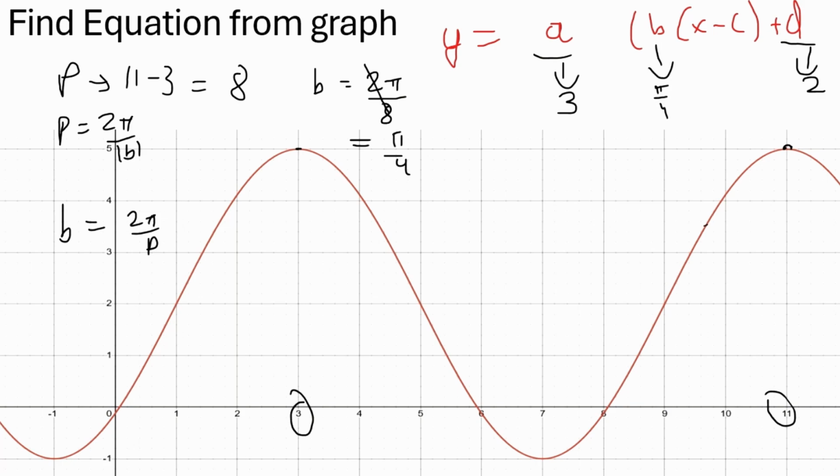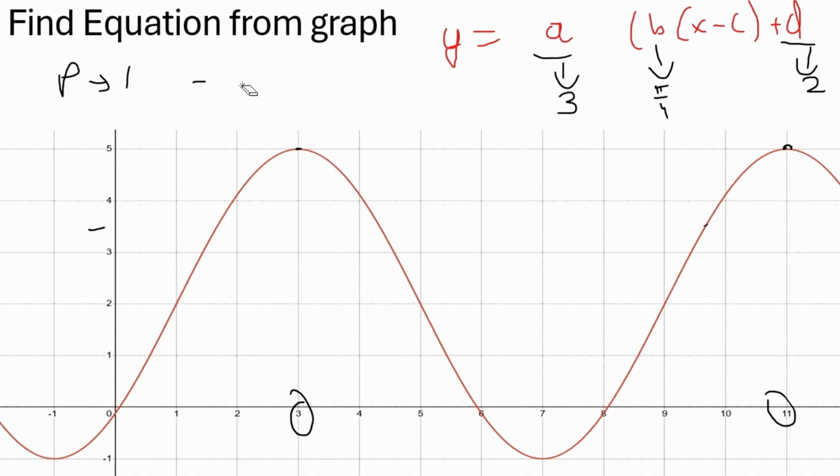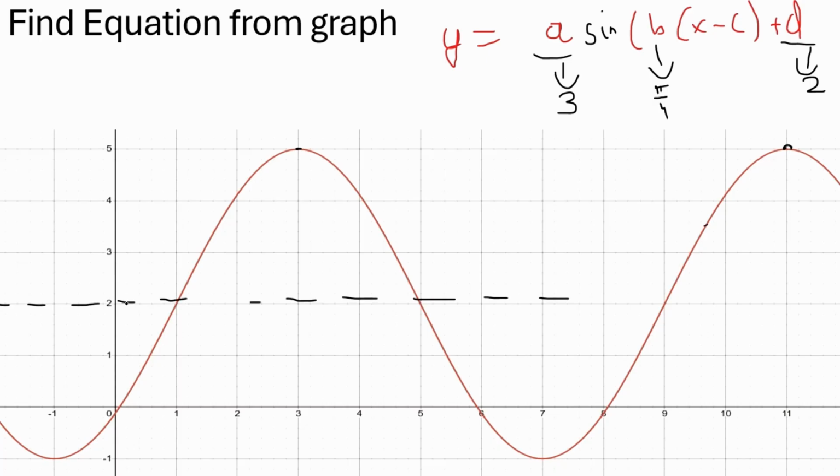And now comes the fun part. There's actually not just one equation that we can get from this graph. There's actually multiple, depending on where I start. You know how sine graphs work, right? If it was a sine graph, where's our d? Our d is here. All it needs is to start at this line and go up.